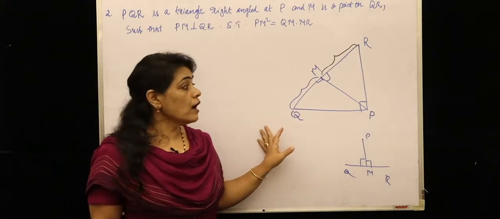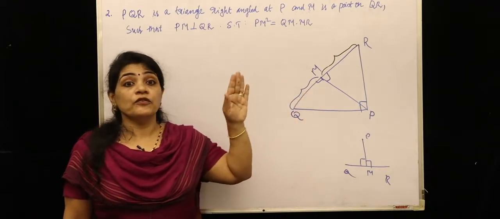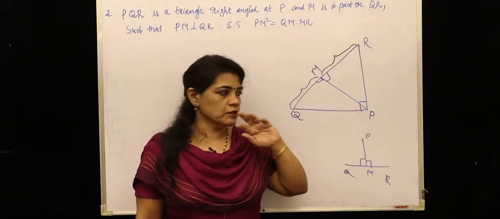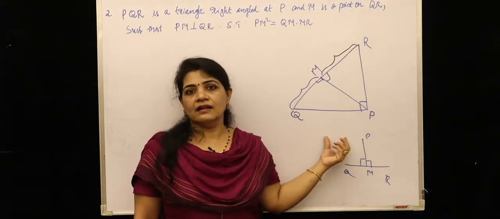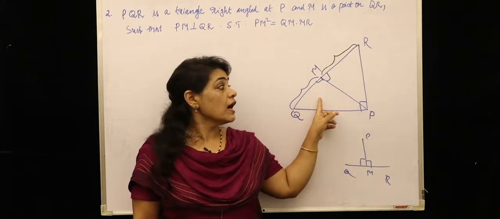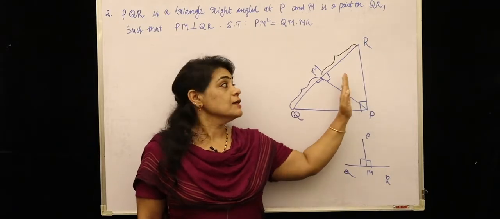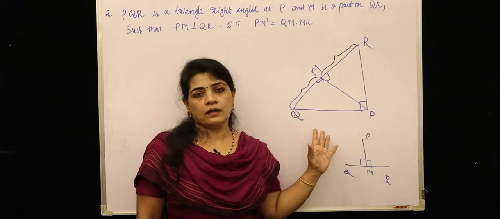We have a very important result to get this answer. If a perpendicular is drawn from the right angle of a right triangle, what is the result? The triangles on both sides of the perpendicular are similar to the whole triangle, the big triangle PQR.